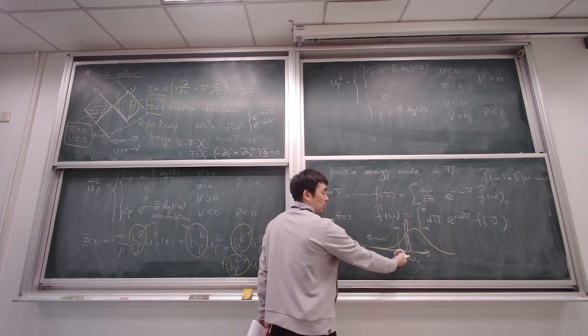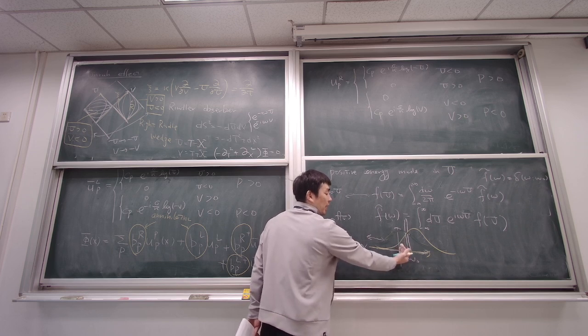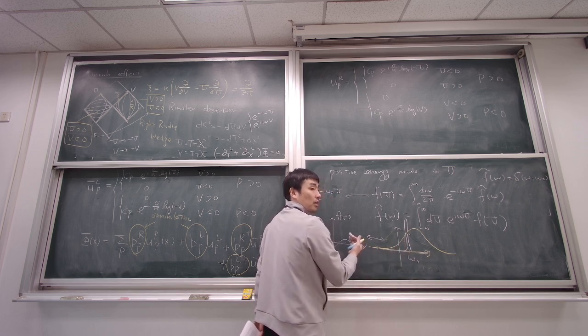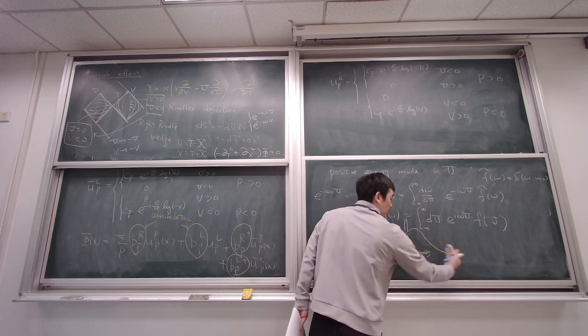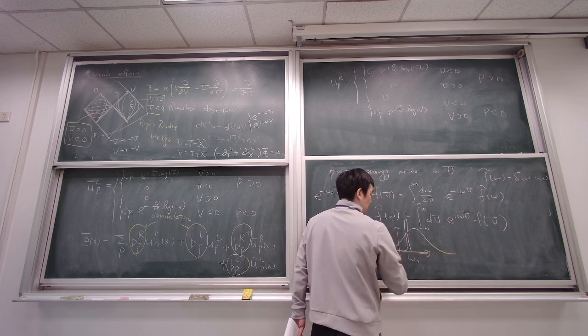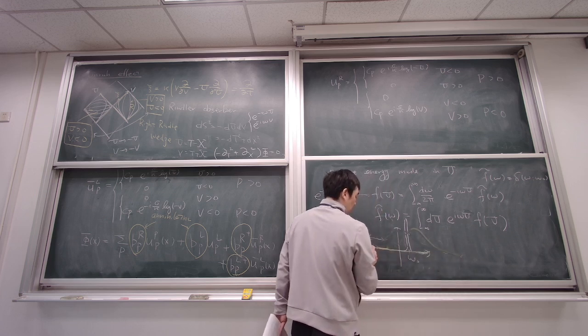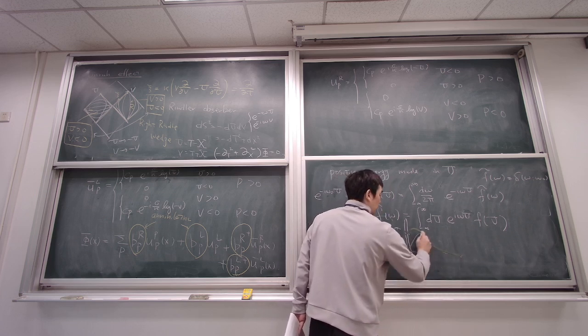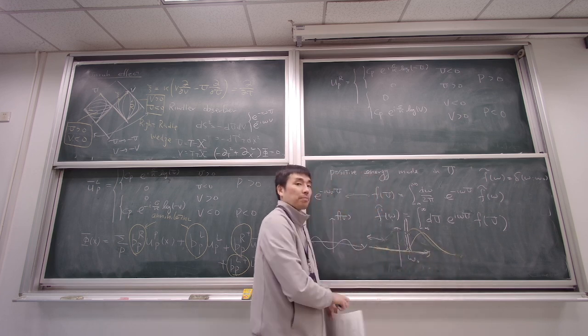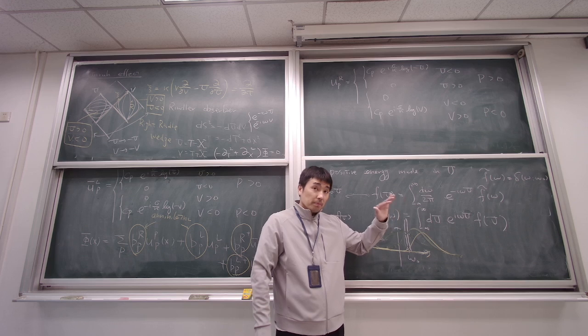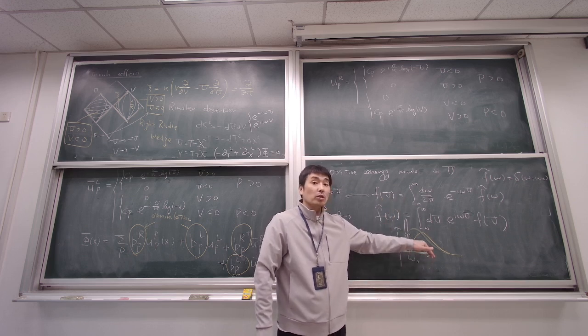So f tilde of omega has to be 0 for negative omega to have the positive energy mode, but the positive part can be non-zero. For instance, one can take f tilde like this, which is considered the superposition of positive energy modes.